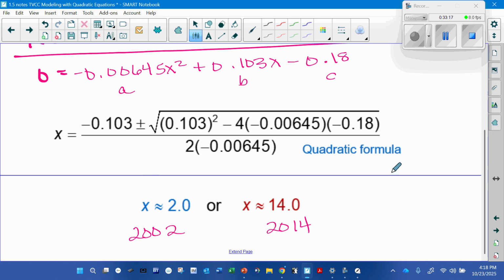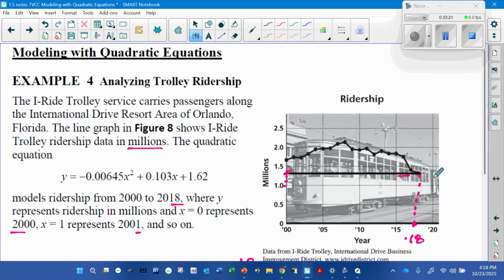This outcome closely matches the line graph. If we go back to that picture and look at 2002, so this would be 2001, 2002, 3, 4, and we look up, it's a little bit more than 1.8 million, so it's a little bit off.